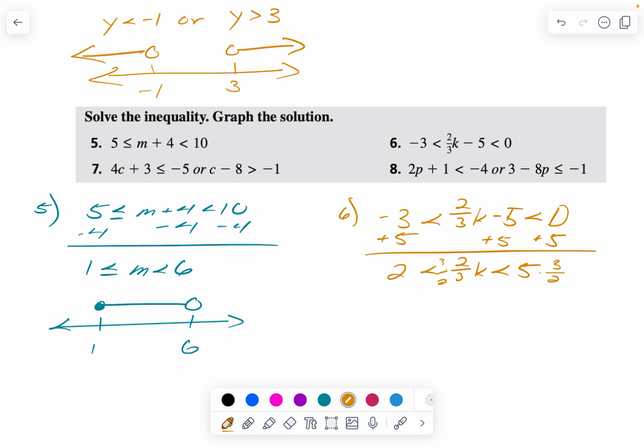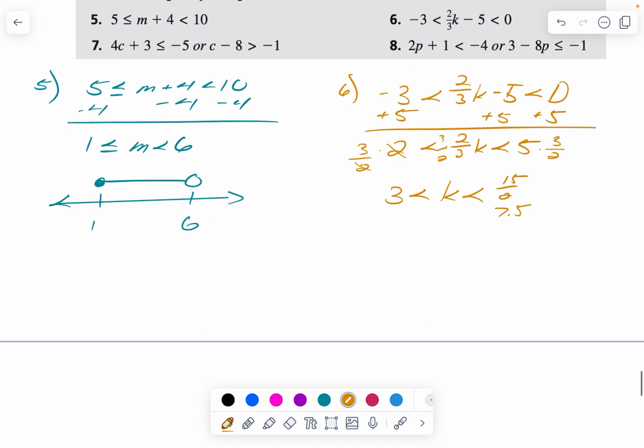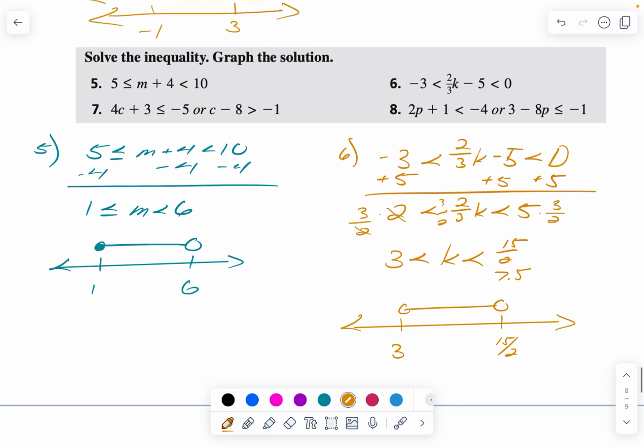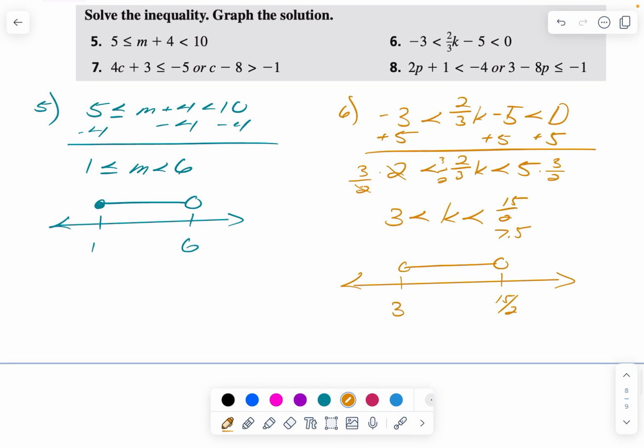Here we're going to get 3 less than k less than 15/2. If you want to call it 7.5, you could do that. 3, 15/2. There we go.